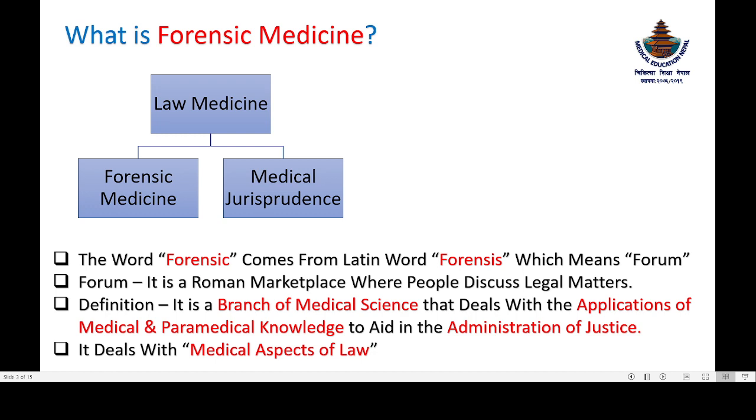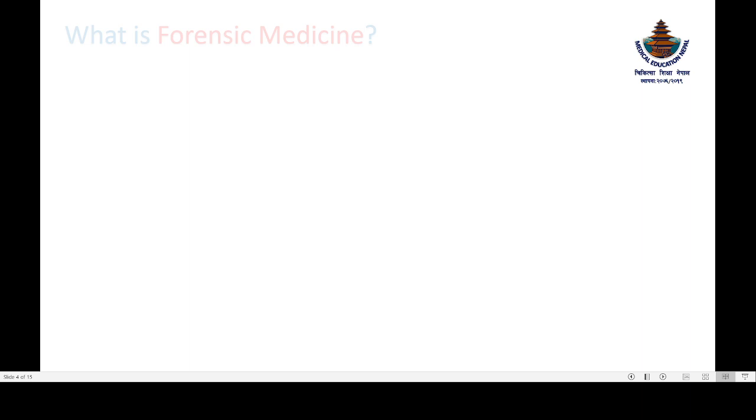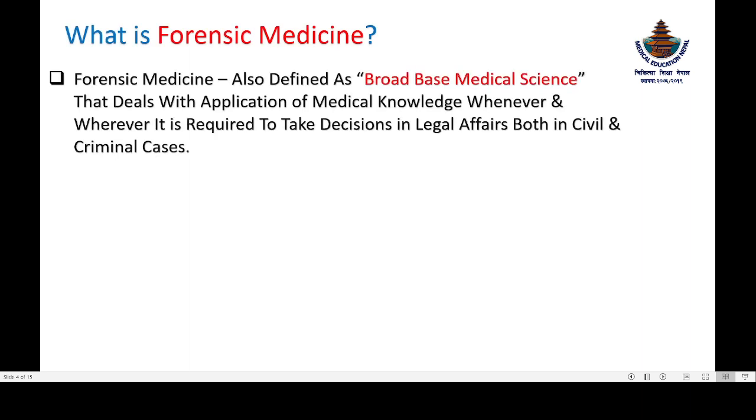I have one more definition given over here. It is also defined as the broad-based medical science that deals with the application of medical knowledge whenever and wherever it is required to take decisions in legal affairs, both in civil and criminal cases.